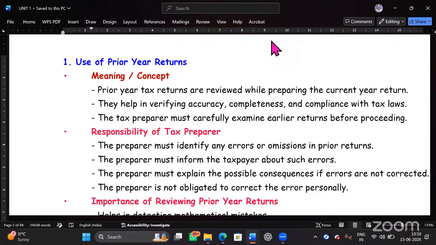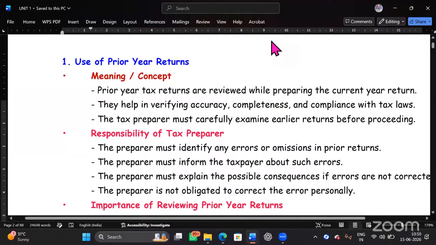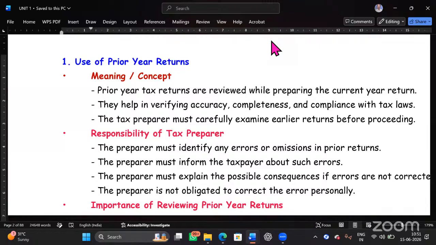Okay. Use of prior year returns. When we are filing a tax return in the current year, we have to refer to the previous year's return information. Suppose last year we filed one tax return in that name: social security number, number of dependents, whether married or not married, whether American citizen or not American citizen.